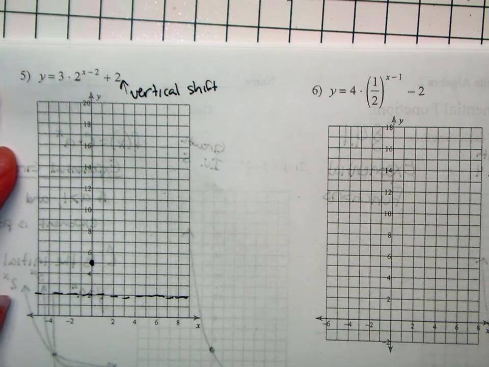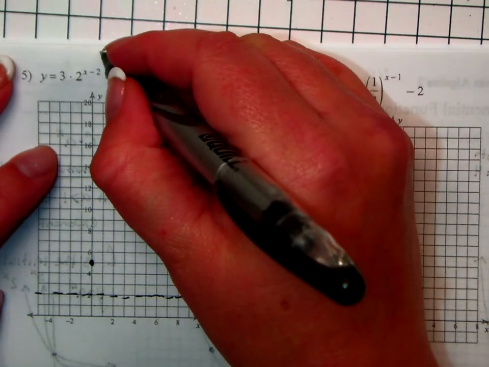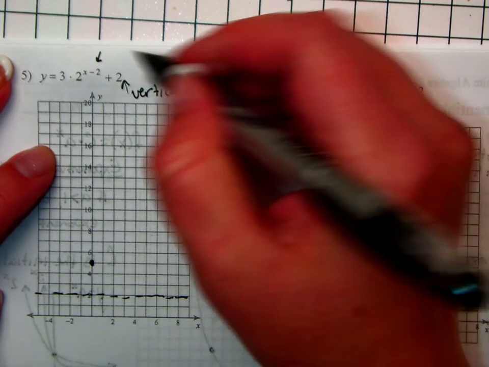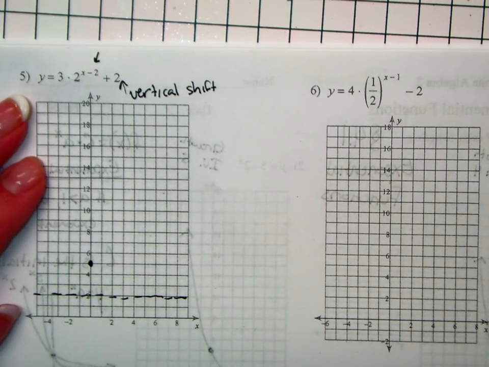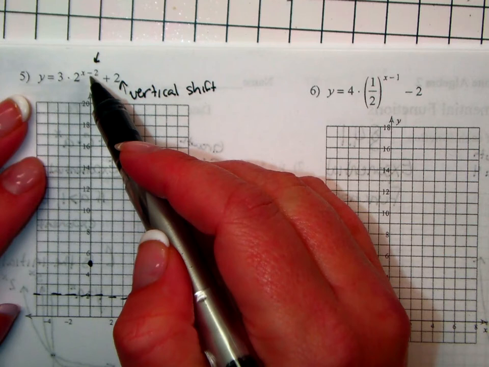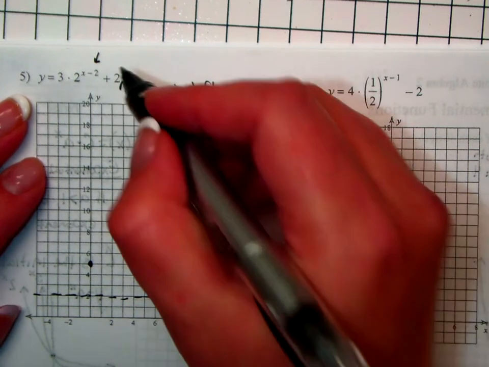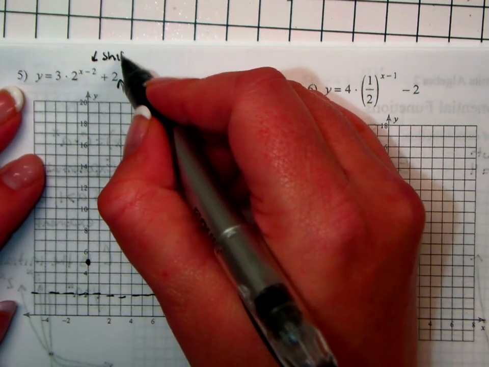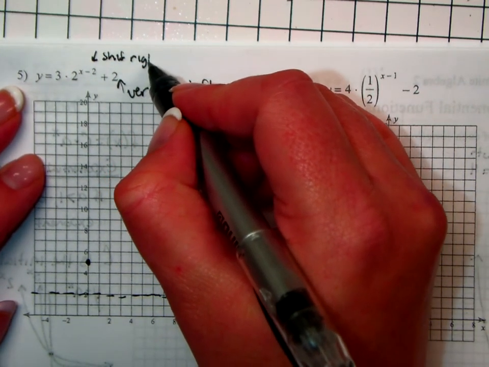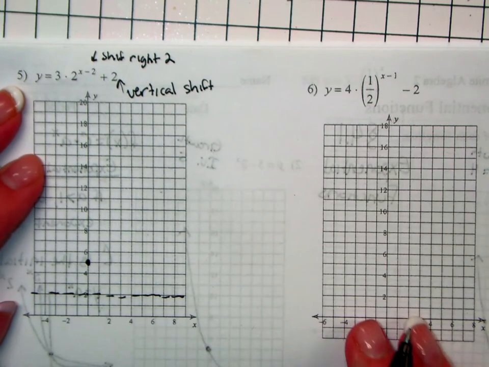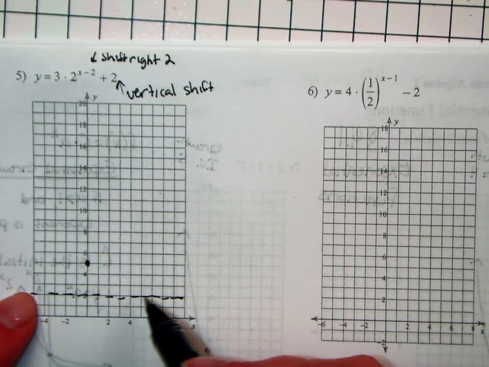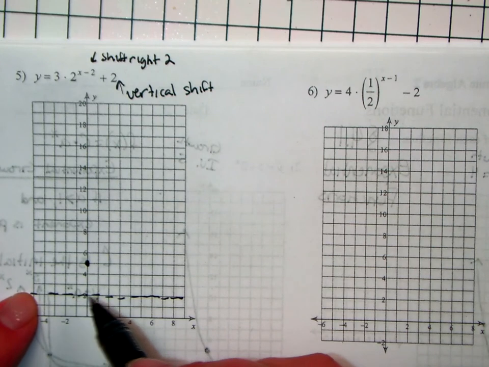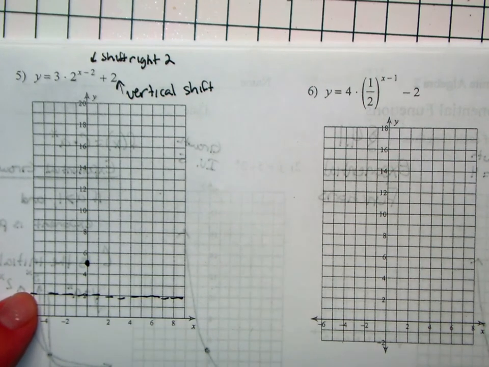value. Now this one also has a minus 2. This minus 2 is a horizontal shift. And because it's negative, we're going to shift it to the right. So we're going to shift right 2 as well. So the asymptote here gets shifted, but you don't see that, because it's not going to make any change.